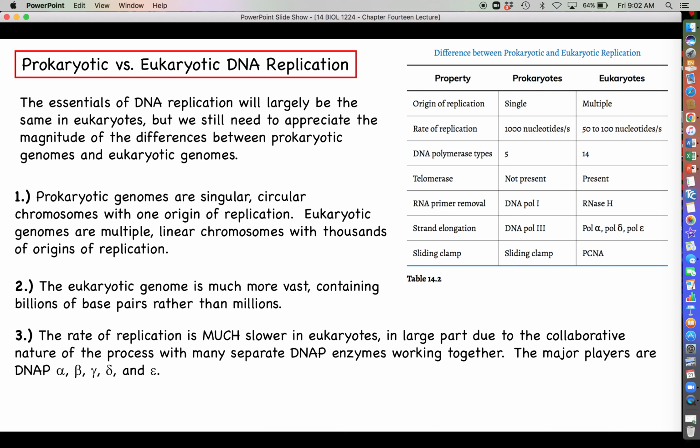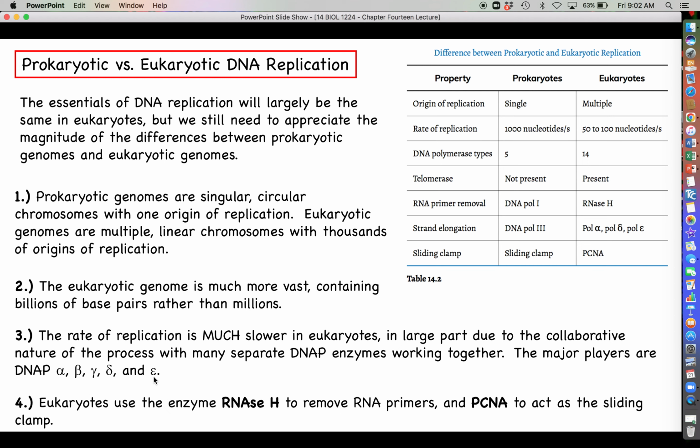A big reason for this is that eukaryotes utilize many, many, many different types of DNA polymerase, and they basically all work together, and this collaboration slows the process down quite a bit. So, despite there being 14 different types of DNA polymerase, the major players that we're going to see are 3 to 5 of them: alpha, beta, gamma, delta, and epsilon.